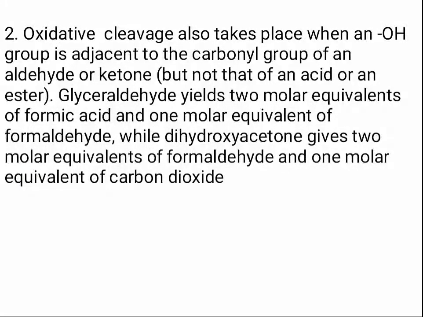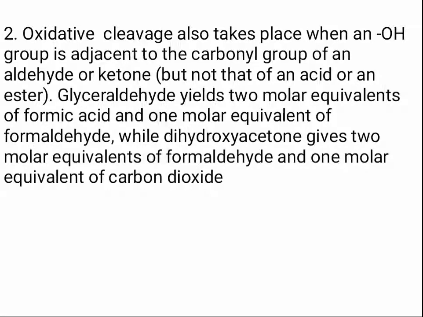Oxidative cleavage also takes place when a hydroxyl group is adjacent to the carbonyl group of an aldehyde or ketone, but not that of an acid or an ester. Glyceraldehyde yields 2 molar equivalents of formic acid and 1 molar equivalent of formaldehyde, while dihydroxyacetone gives 2 molar equivalents of formaldehyde and 1 molar equivalent of carbon dioxide.